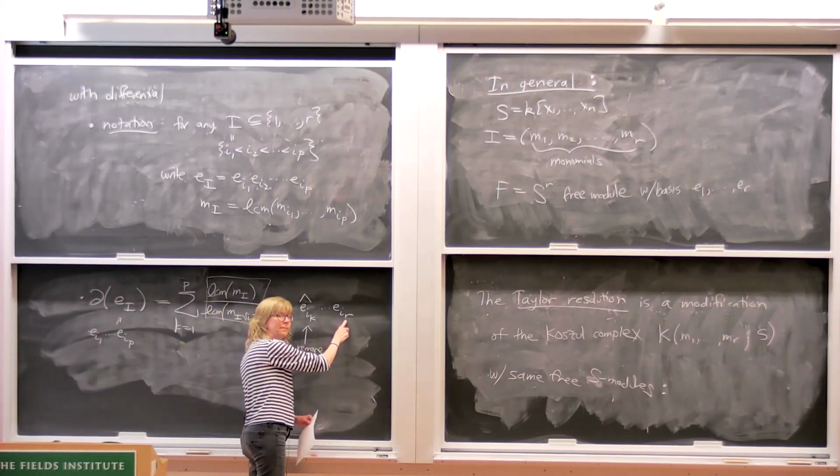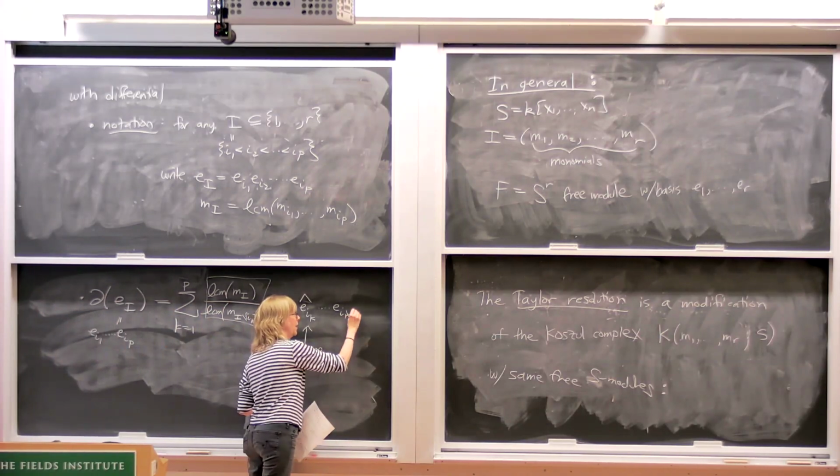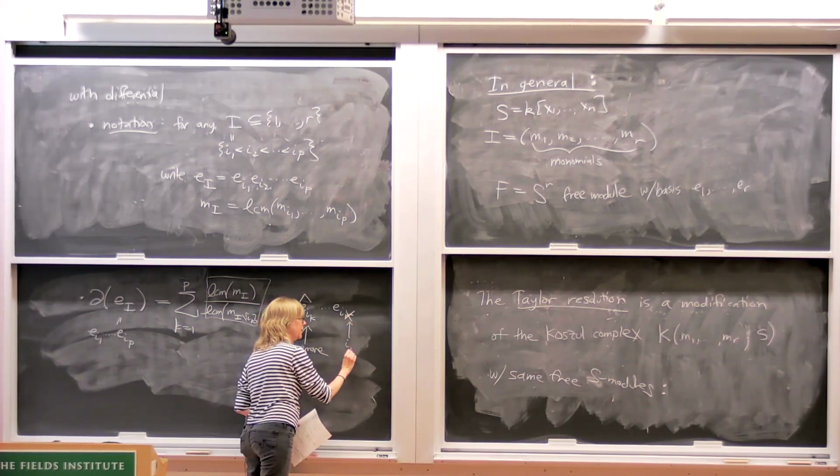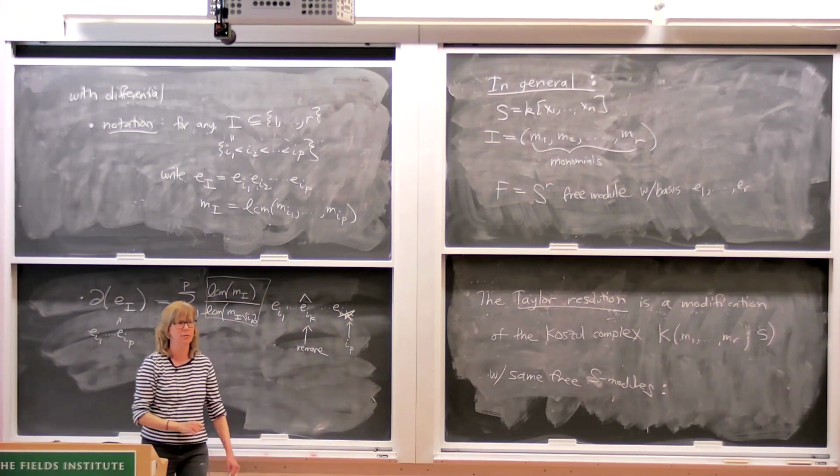There should be a P here. Okay, so I'm going to cross it out and put a P there. So this should be I sub P. Sorry. Thank you. Next.